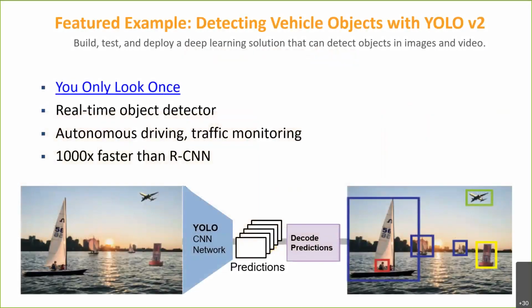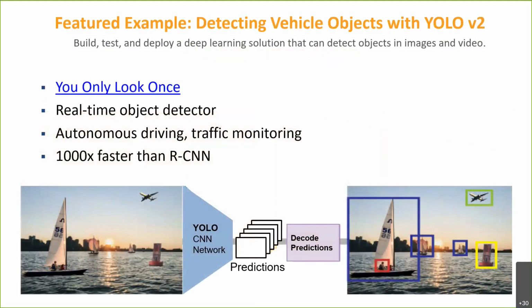Today, you'll be developing a deep learning algorithm that can detect vehicle objects in images and video. For this example, you'll make use of a prominent algorithm called YOLO v2, which stands for You Only Look Once, version 2. This is a particularly good deep neural network for object detection for a few reasons.